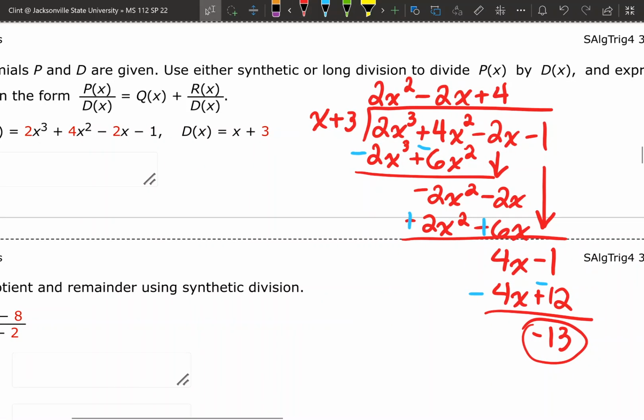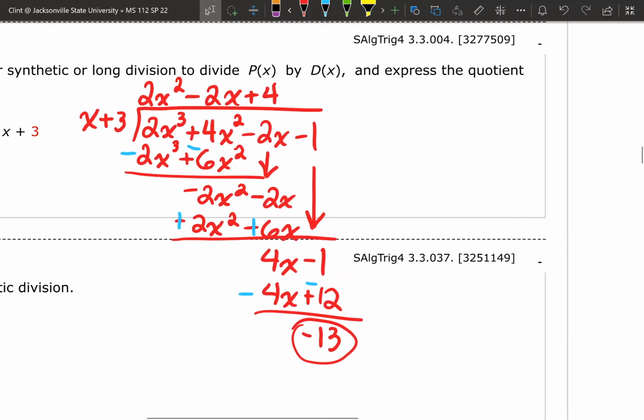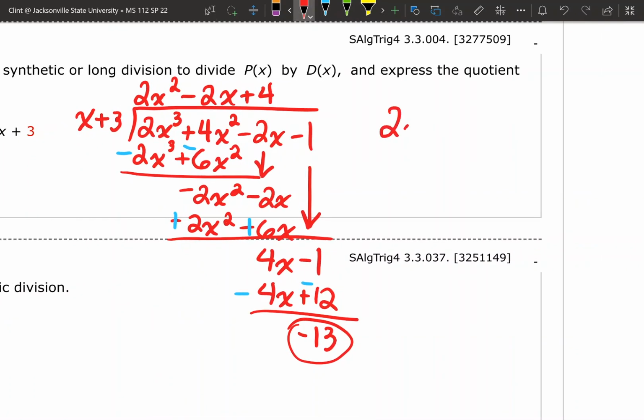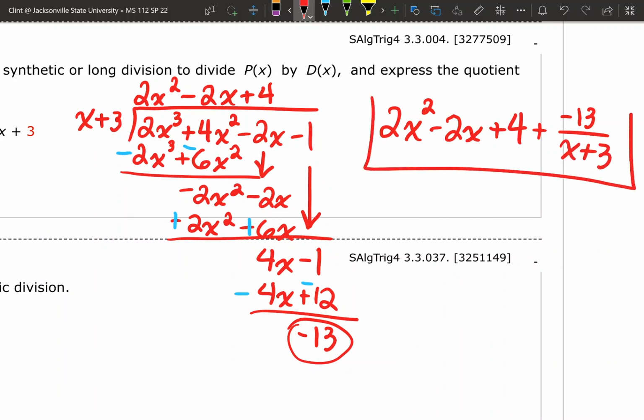So since this one wants us to write it out the long way, or all together, it'll be 2x squared minus 2x plus 4 plus negative 13 over my divisor, which was x plus 3. Long as I didn't mess that up.